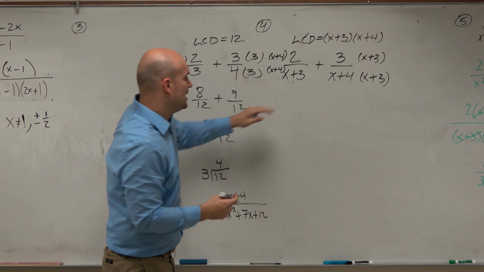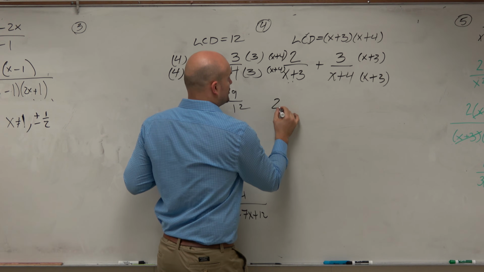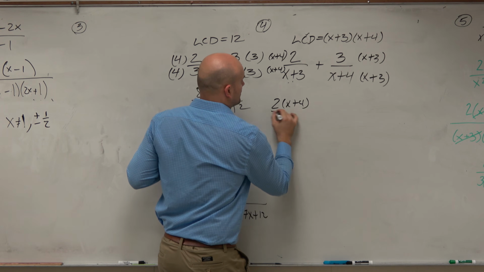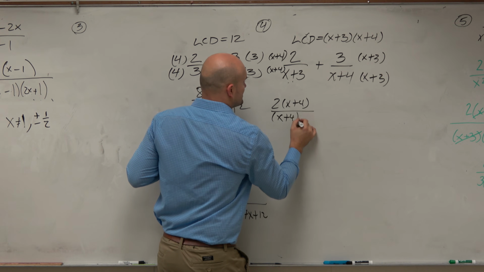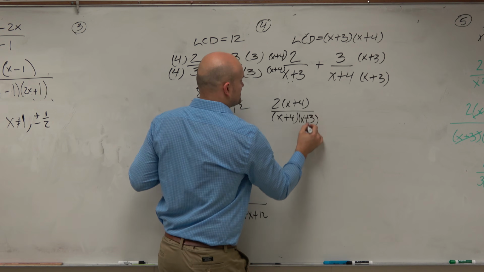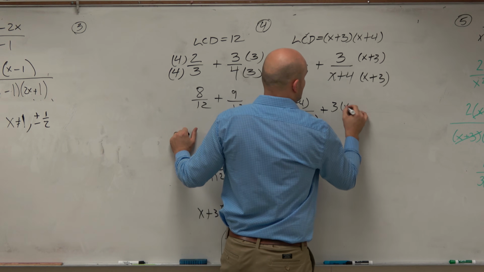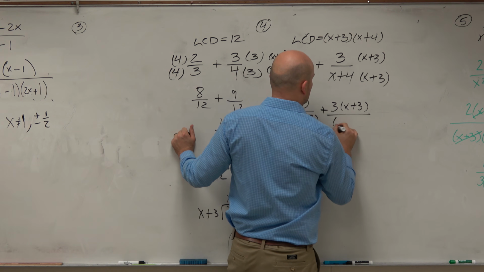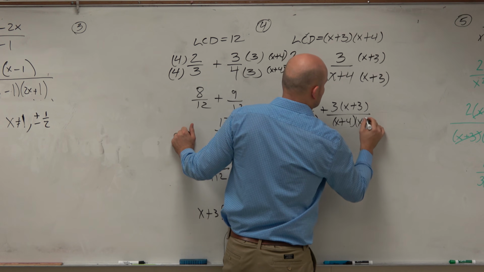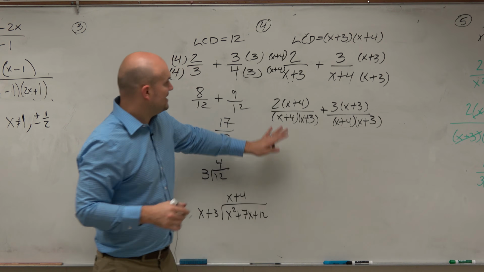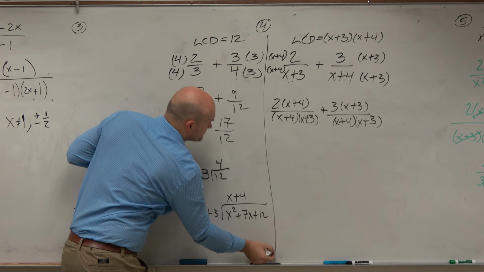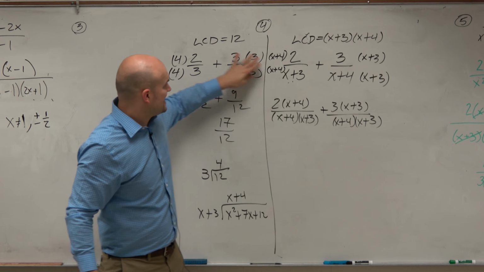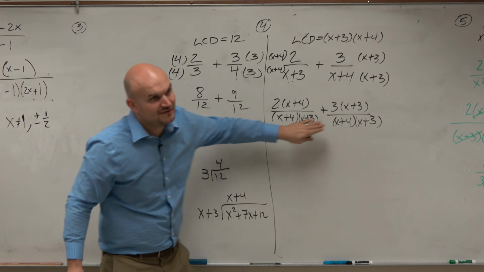OK, so now I have 2 times x plus 4 all over x plus 3 times x plus 4, plus 3 times x plus 3 all over x plus 4 times x plus 3. So do you guys see how this process is basically exactly the same? Now I have common denominators.